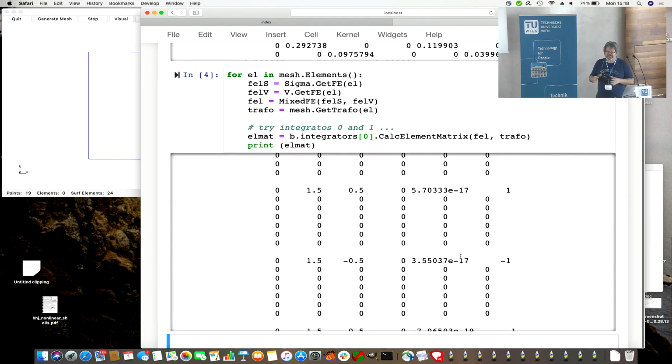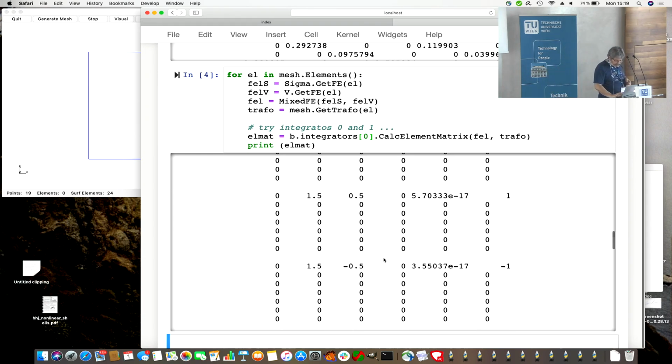Independent of the geometry of the element, whether the triangles are deformed, you get the same entries. Also, geometric factors cancel out. So the mapping of the divergence, that is the Piola mapping, of the U, and the integral, the Jacobians, they all cancel out. And the same if you integrate on the physical element or on the reference element. They're all nearly the same.